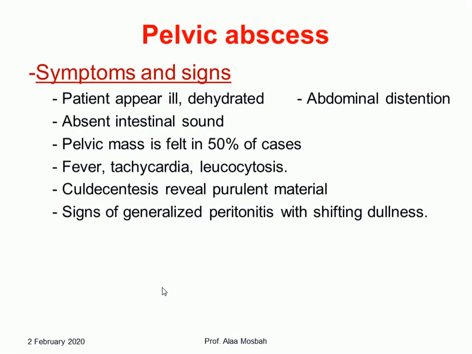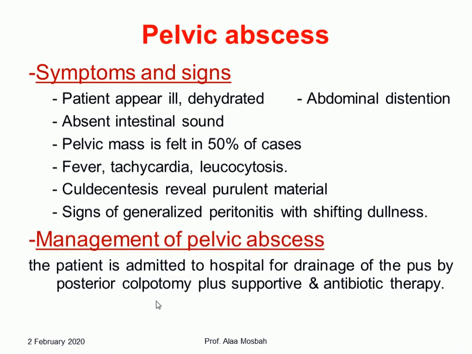Symptoms and signs of pelvic abscess include the patient is dehydrated, with severe illness, with abdominal distension, absent intestinal sounds sometimes, pelvic mass felt in 50% of cases, fever, tachycardia, leukocytosis, culdocentesis reveals purulent material, signs of generalized peritonitis with shifting dullness.